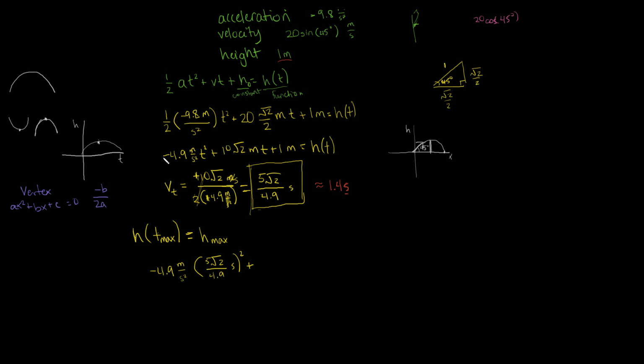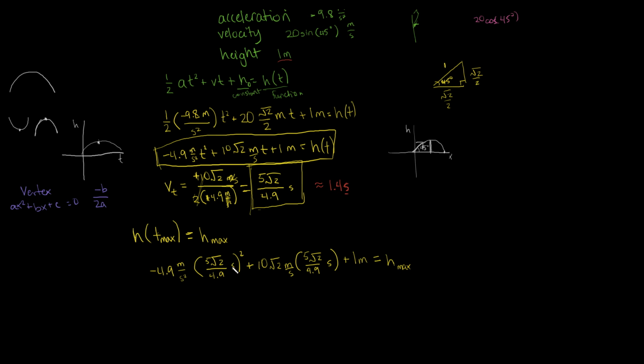If we go back to the equation we're dealing with, our simplified form here, this is the equation plus 10 root 2 meters per second times t again. Our t is 5 square root of 2 divided by 4.9 seconds, plus 1 meter, and this should equal our h max.